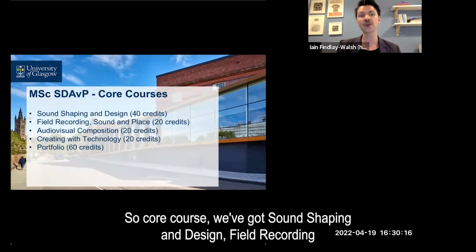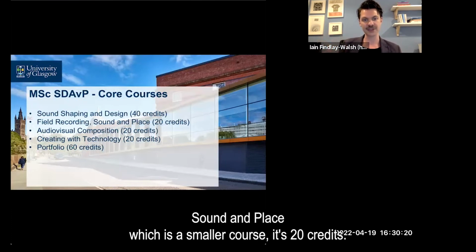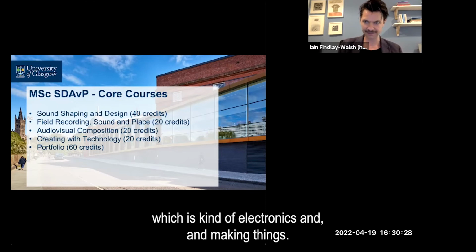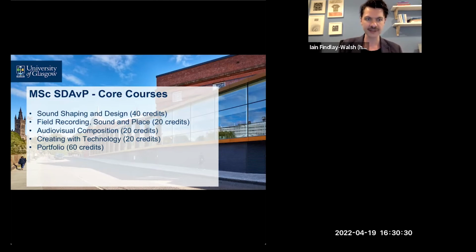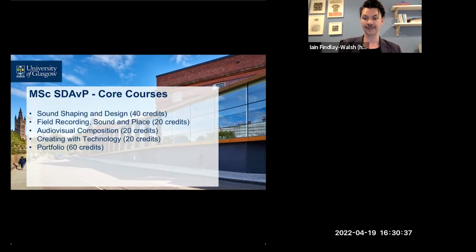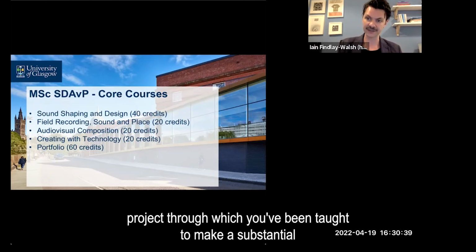So core courses, we've got sound shaping and design, field recording sound in place, which is a smaller course, it's 20 credits, audiovisual composition, creating with technology, which is electronics and making things, and the portfolio, which, as I mentioned earlier on, is a self-directed project through which you're mentored to make a substantial bit of work.